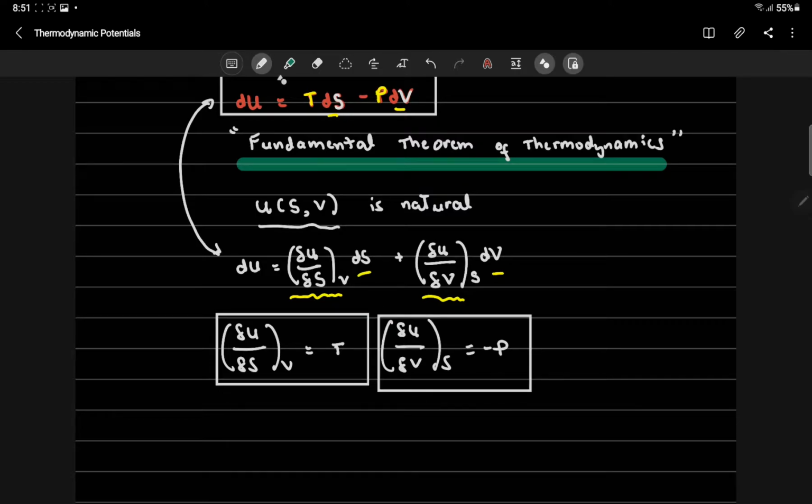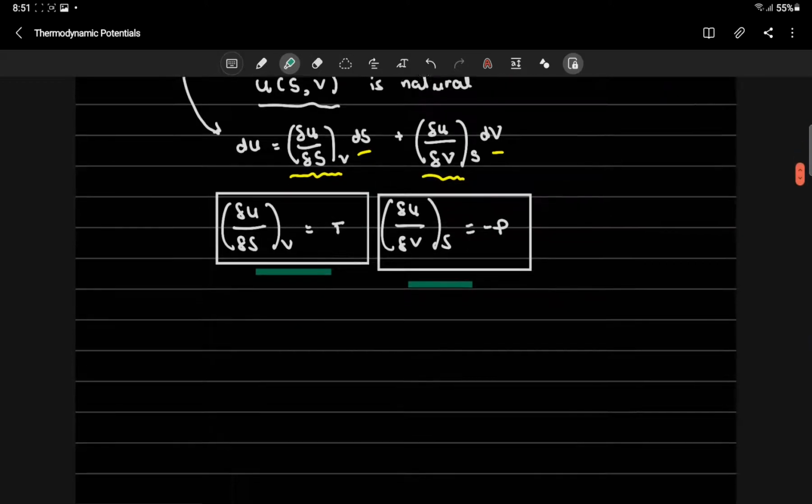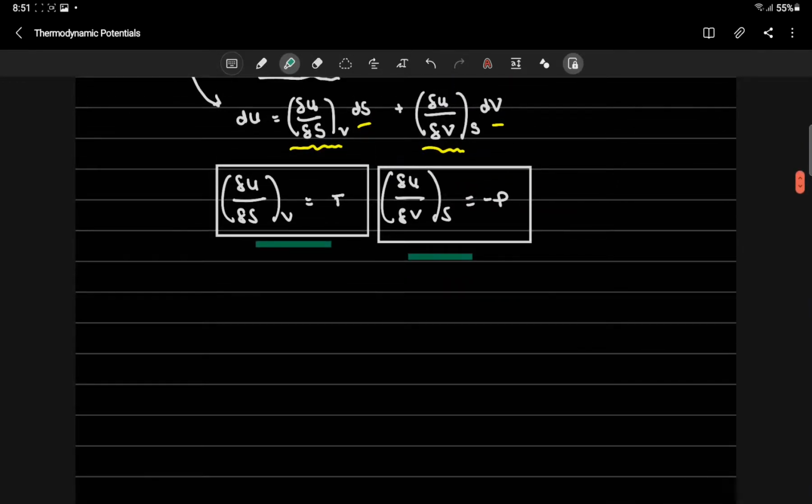Okay? Now, ang problema nga lang, alright, let's say that you want to get the change in internal energy. Now, walang problema dito sa second equation. Kasi, if you want to determine daw the change in internal energy with respect to V, that's just equivalent to negative P, right?